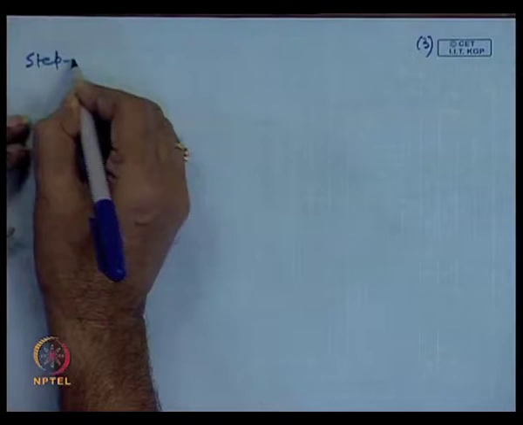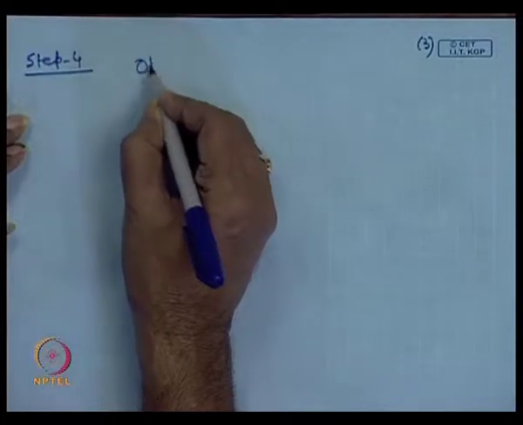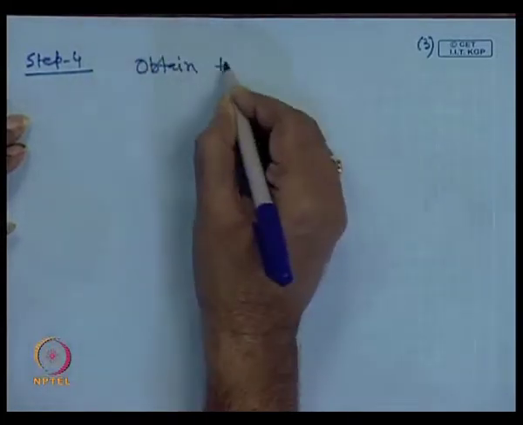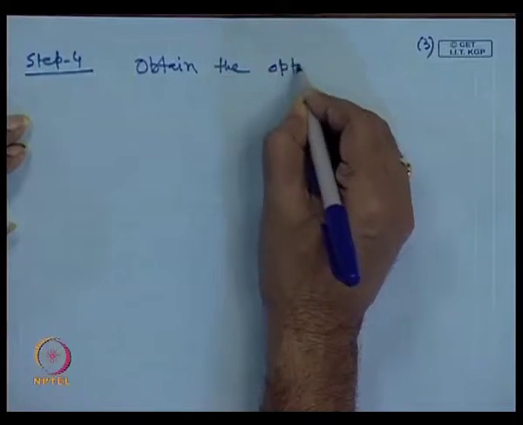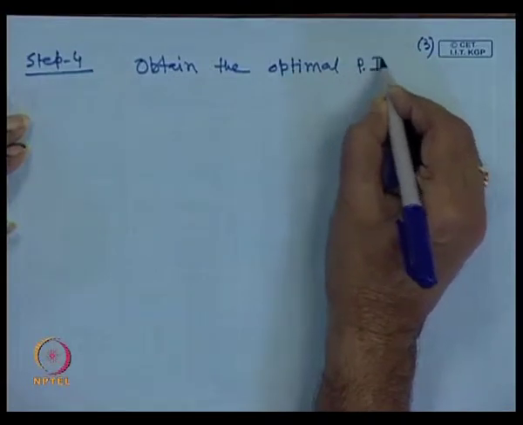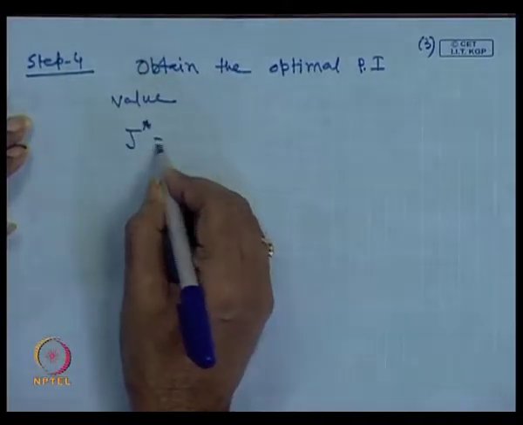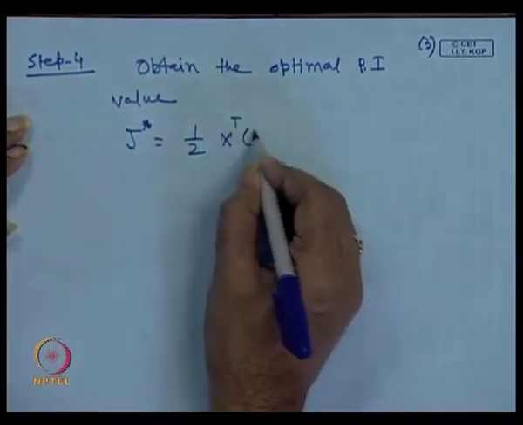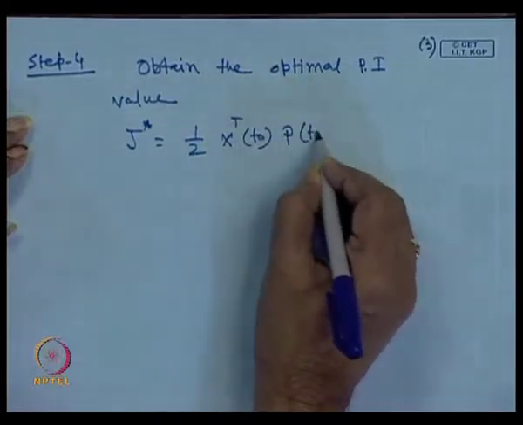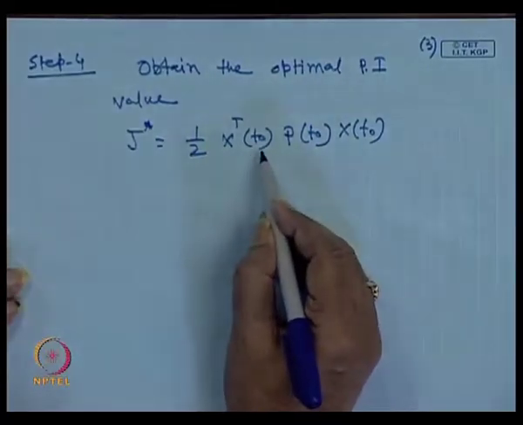Now, one may be interested to find out the optimum cost. So, if you want to obtain the optimal performance index value, then J star, the optimum value, is half x transpose of t0, P of t0, x of t0, if you know the initial condition of the state.